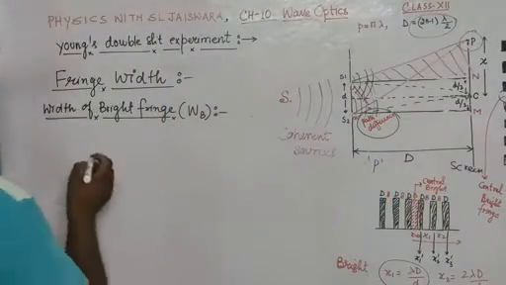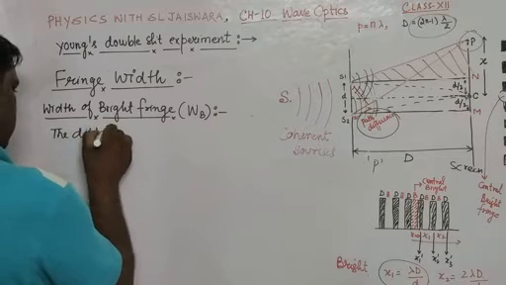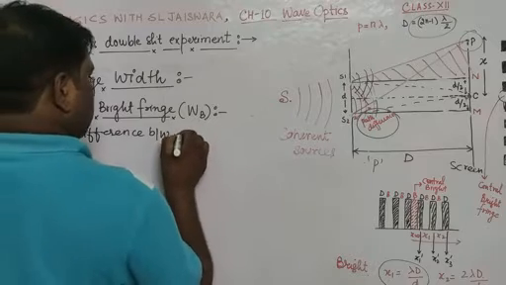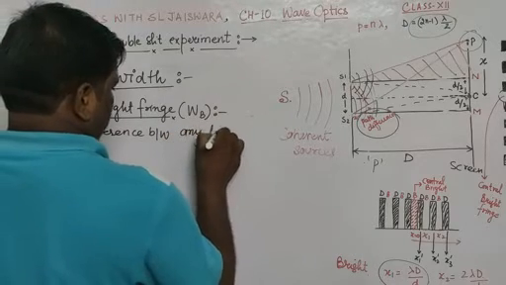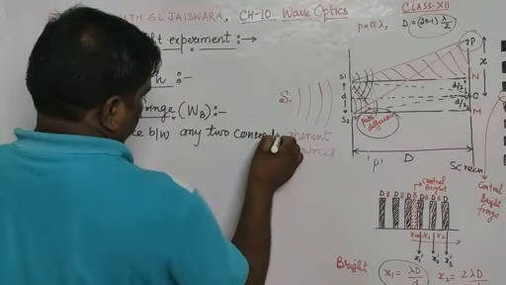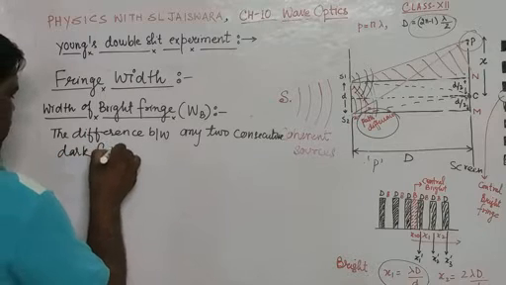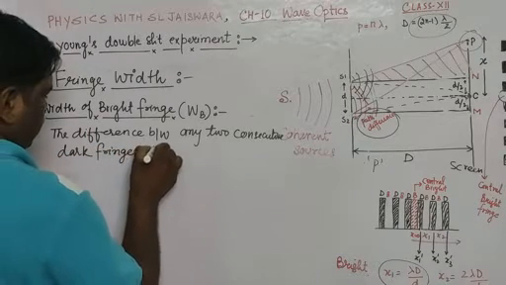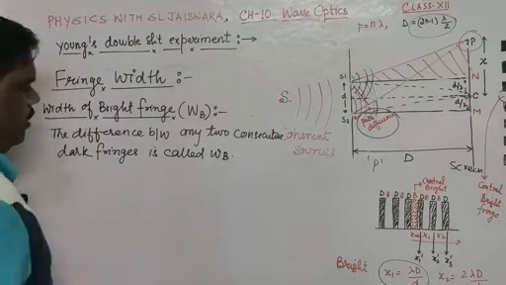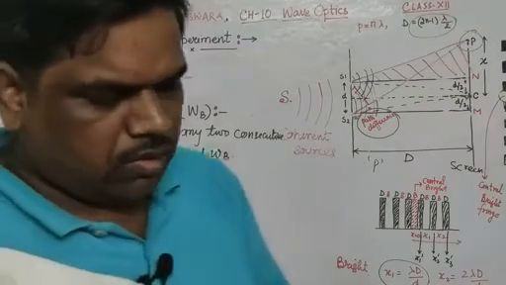So let us write down the definition: the difference between any two consecutive dark fringes is called WB.